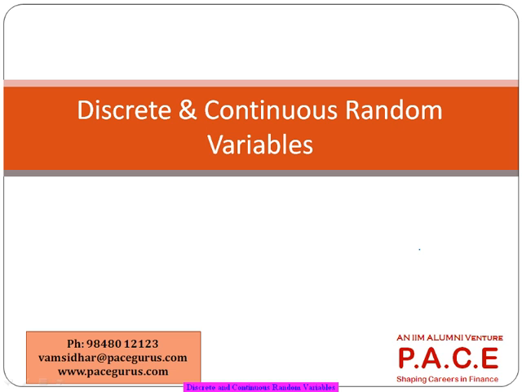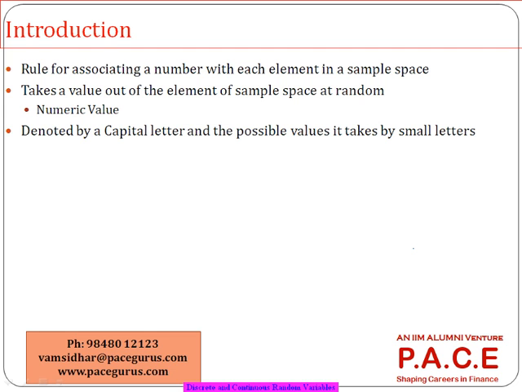Let's say when I throw a dice, I know that it can take either 1, 2, 3, 4, 5, 6, but I don't know which one will come. On a random basis, one of those 6 values is going to come. That means when I throw a dice, getting a value on the dice, I can call it a random variable.